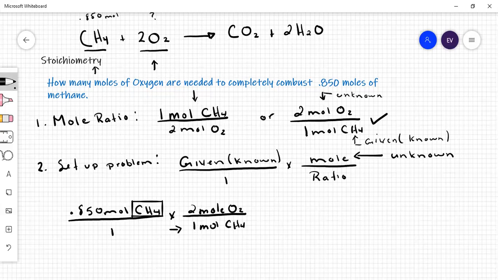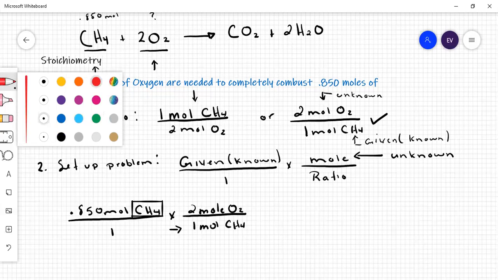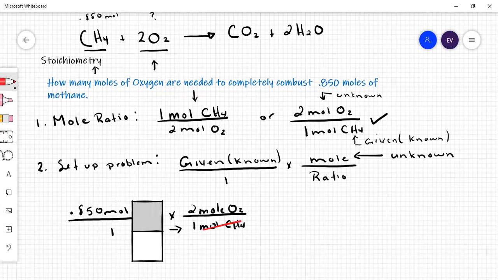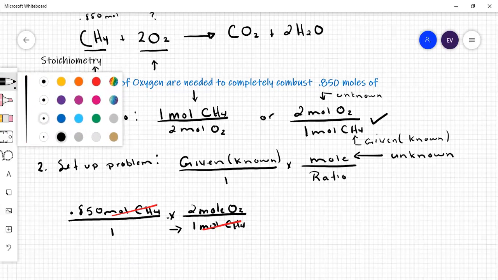Now look what happens when I multiply this out. Because these are opposite each other, they are going to cancel out. So all I have to do now is multiply straight across the top and straight across the bottom.